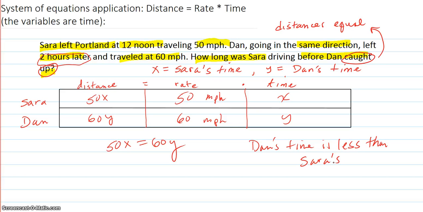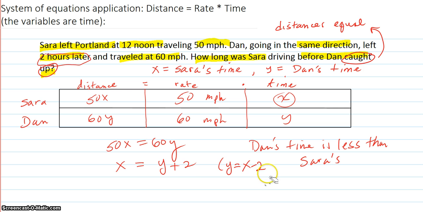So we can say that Sarah's time, which is x, is 2 more hours than Dan's time. We could have also said that Dan's time is 2 hours less than Sarah's time.